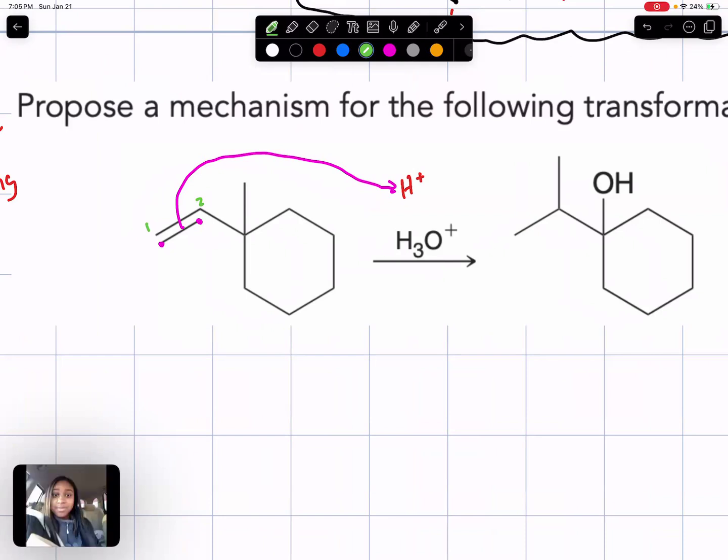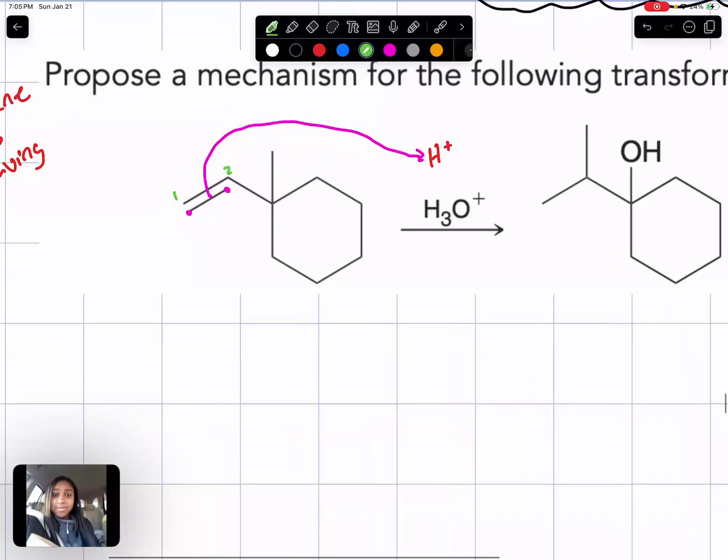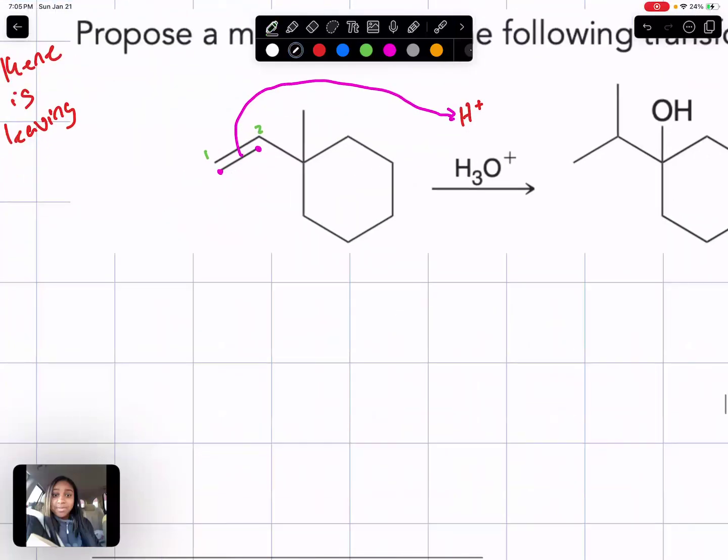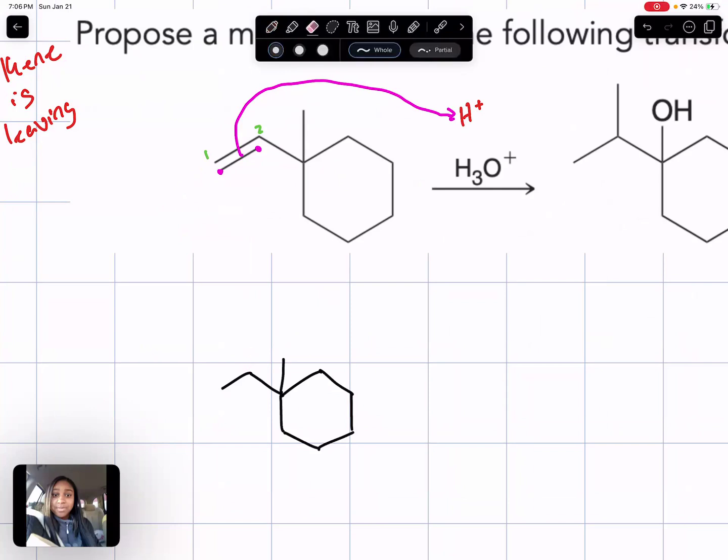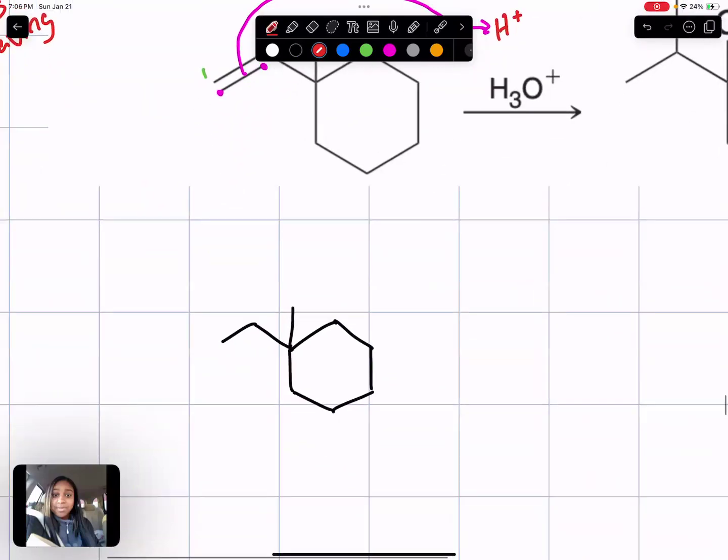2. Why? Why does it add at carbon number 2? You're right. It adds at carbon number 2. Or no, sorry, it doesn't add at carbon number 2. Okay, but tell me why it doesn't add at carbon number 2.